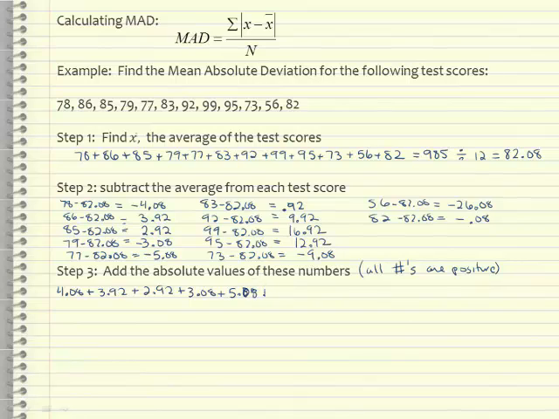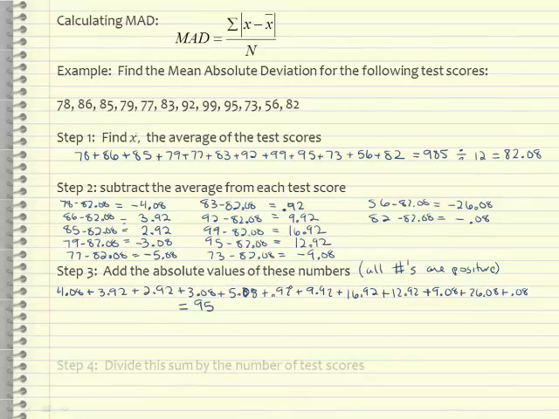That should be 0.8 plus 0.92. Okay, and this will equal 95.